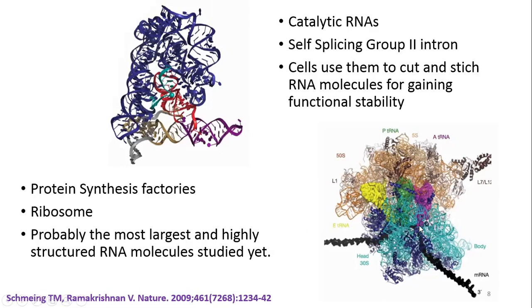The core catalytic portion where protein synthesis occurs is the RNA portion. Okay, so it is your RNA that is responsible for performing the catalytic function of joining two amino acid residues during the protein translation process on the ribosome.